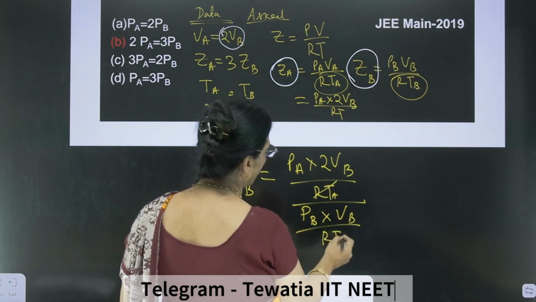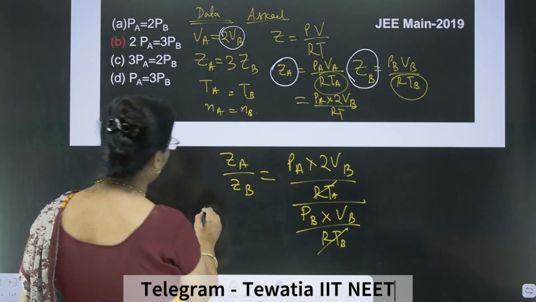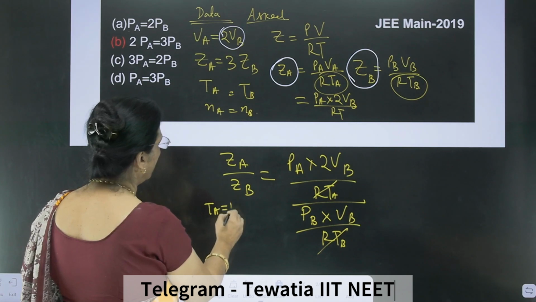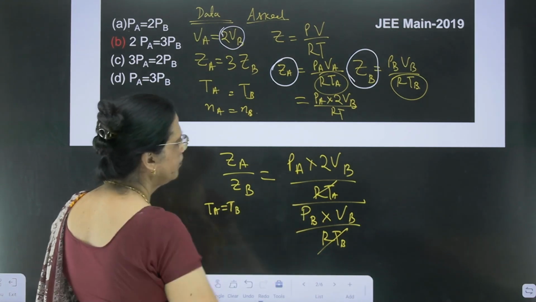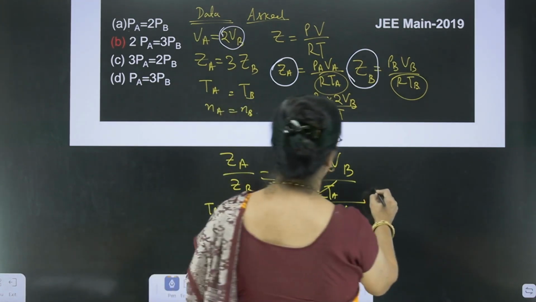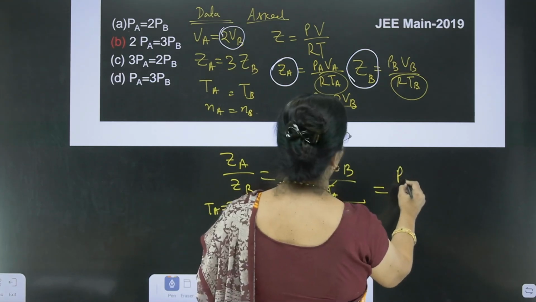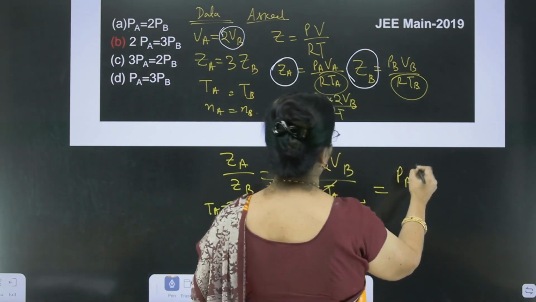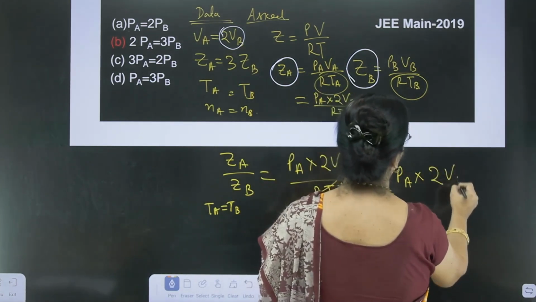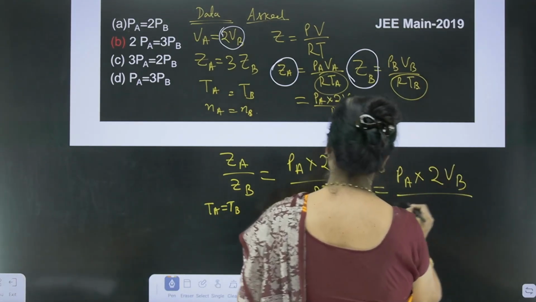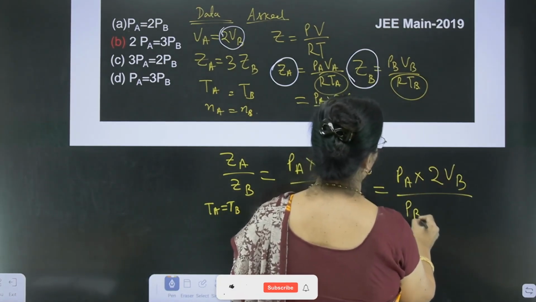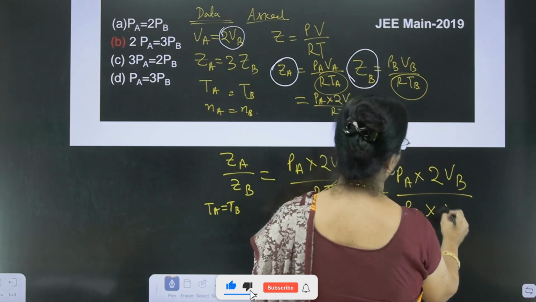Now we can cancel it, because TA = TB and R is constant for both cases. So it will be equal to PA × 2VB divided by PB × VB.